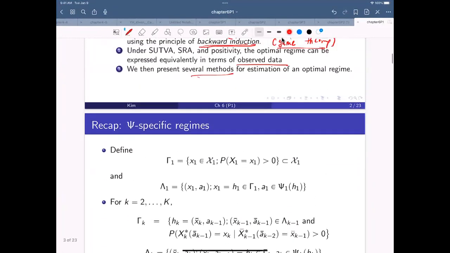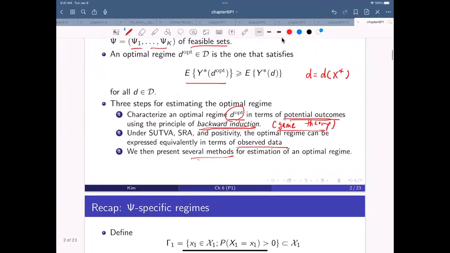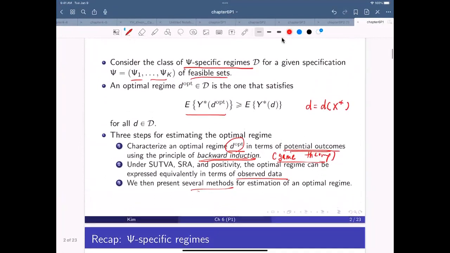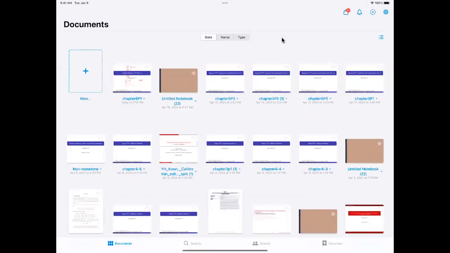Okay. So, can you please explain a little bit what precise specific regimes are in the first line? Yeah, so that is something we covered in the previous class, right?